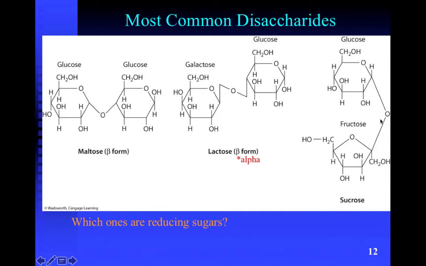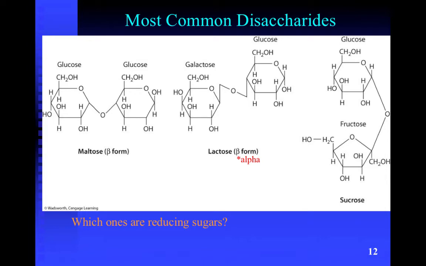So there's a little bit of ambiguity in how we name that glycosidic bond. For sucrose, probably the most common way to describe it is alpha 1, comma, beta 2, glucose, fructose.